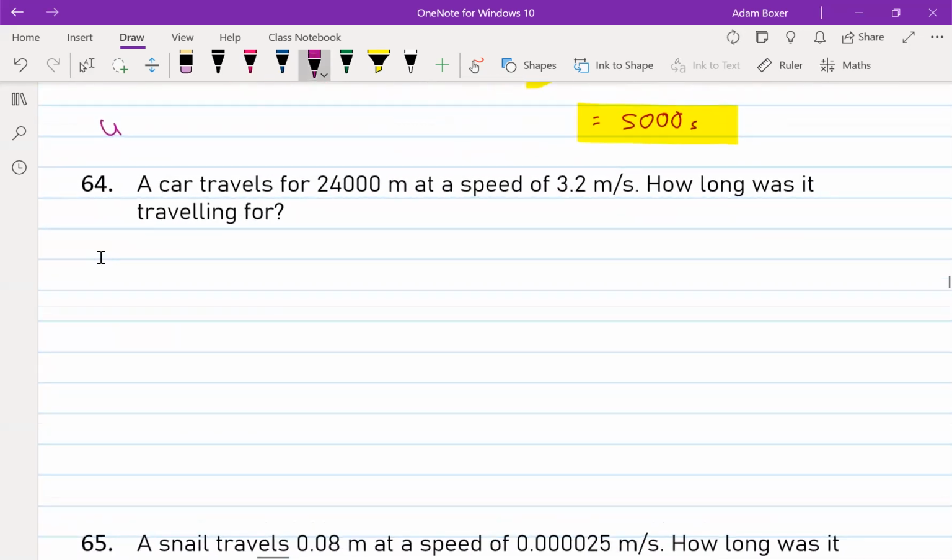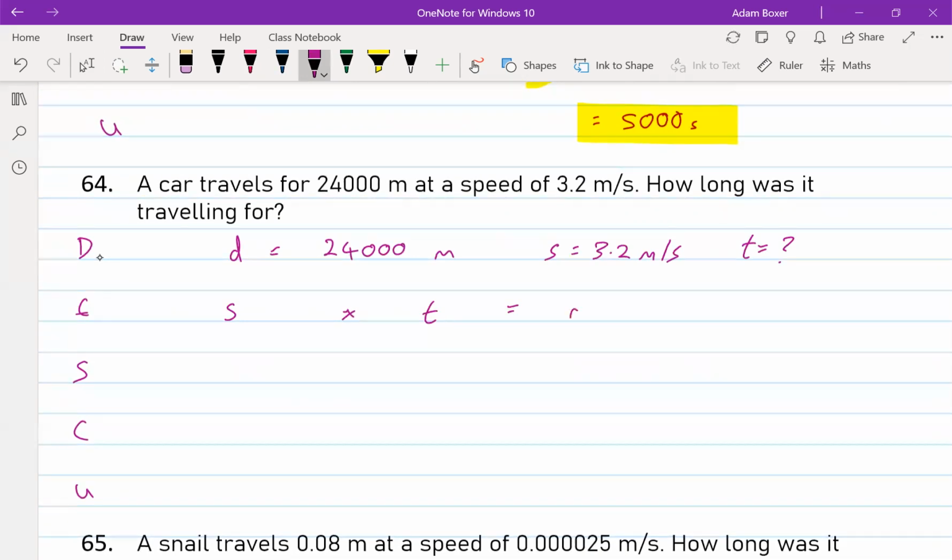So again, you can just watch my working. So I suspect, by the way, that some of you will have messed up this step and said, no, well, I've got D, so I'll just do D times S or D times T or whatever. And again, I remind you, you always do the same equation, never ever change it.